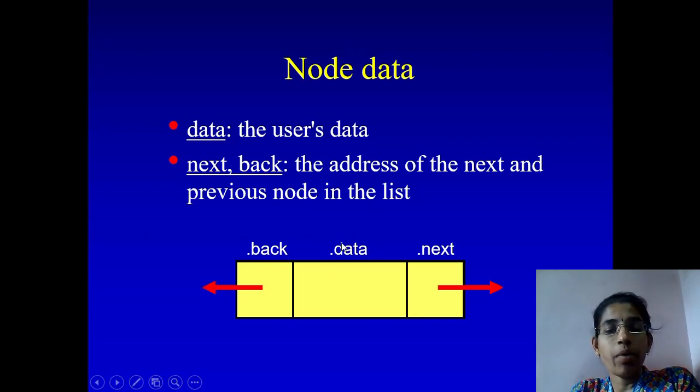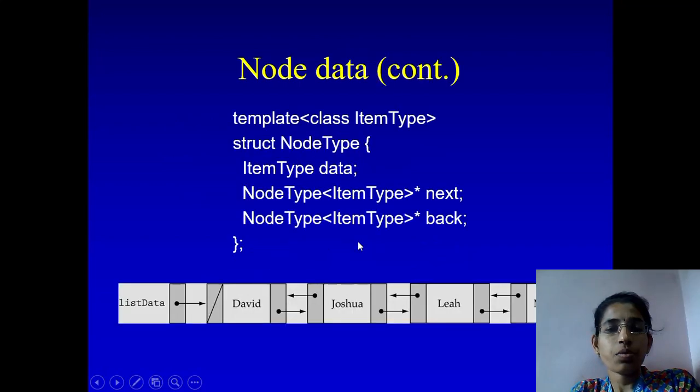The second part is used to store our data. The third part is also a pointer type variable, used to make the connection with the next node. So this is the basic node concept in the doubly linked list.